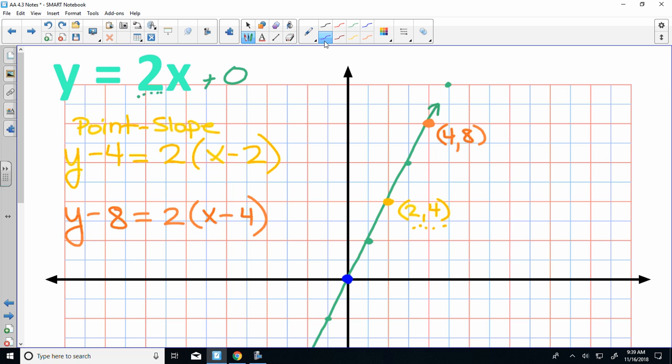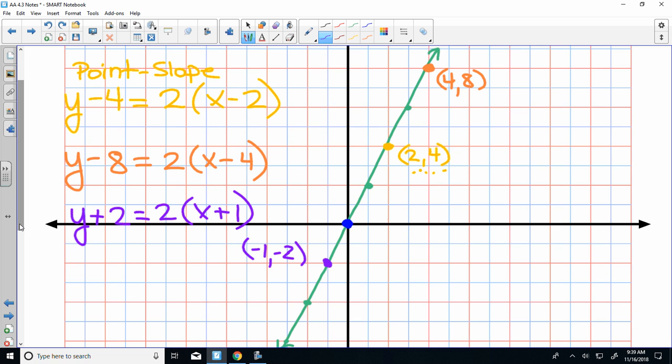And if we choose this coordinate right here, this coordinate here is negative 1, negative 2, and that would become y plus 2 equals 2 times x plus 1.